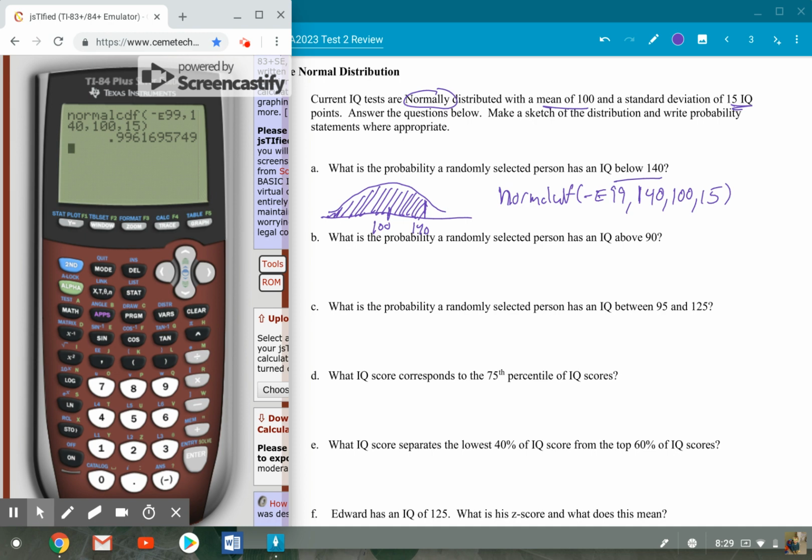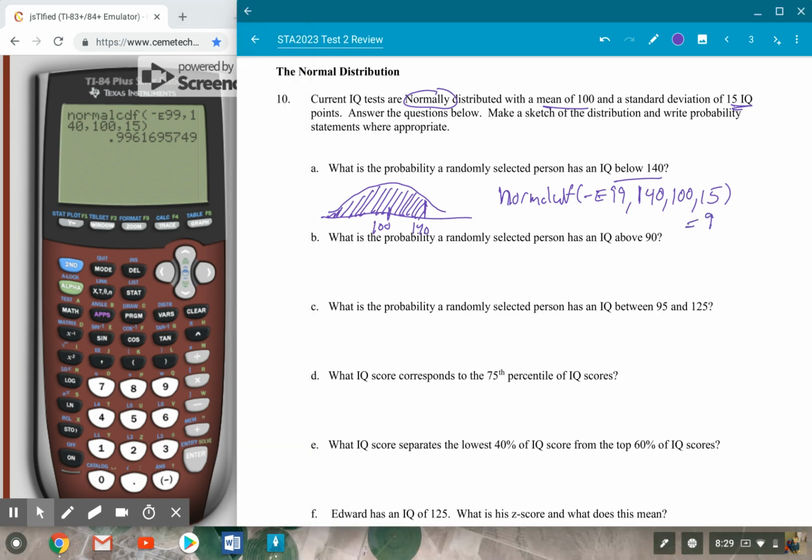So we get 0.9962. So a lot of the curve was shaded, would be 99.62% as a percentage. We're just asked for the probability, so I'll leave it in that decimal form.